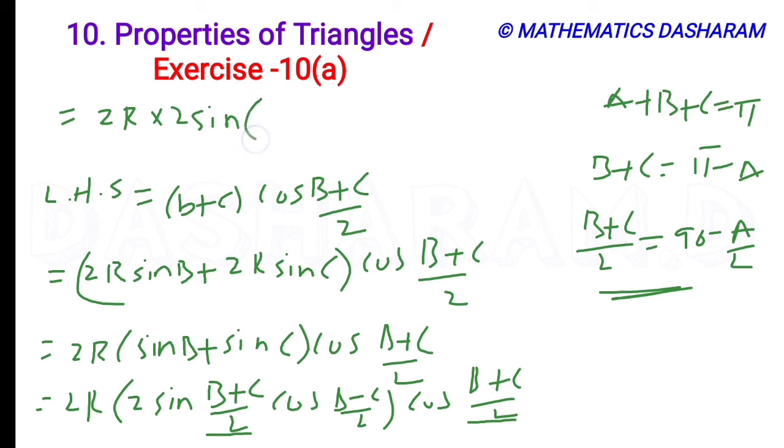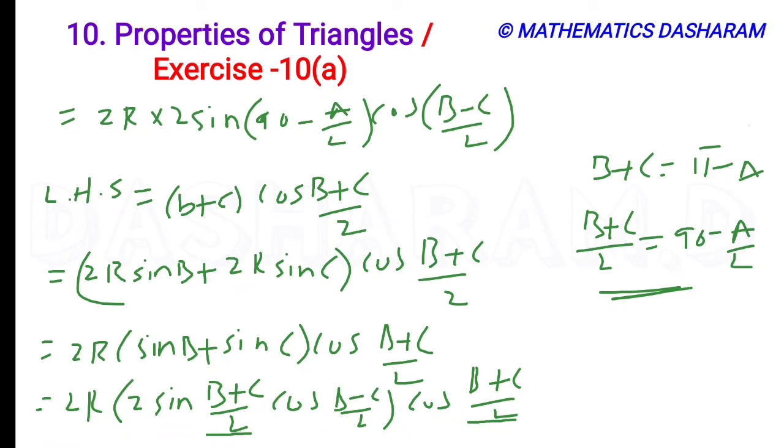So then sin (90 minus a/2) into cos (b minus c)/2 into cos (90 minus a/2).